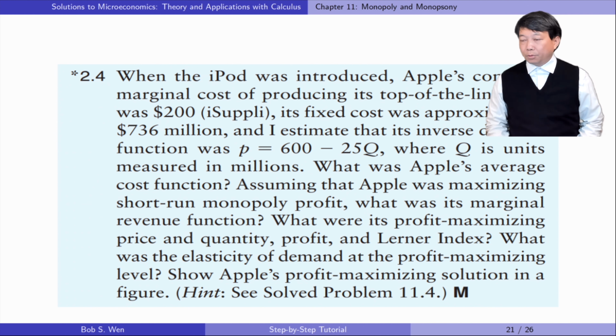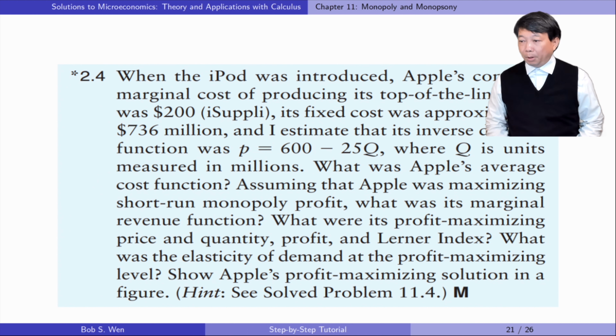Let's go to exercise 2.4. When the iPod was introduced, Apple's constant marginal cost of producing its top-of-the-line iPod was $200, and its fixed cost was approximately $736 million. The inverse demand function is as follows. What was Apple's average cost function?